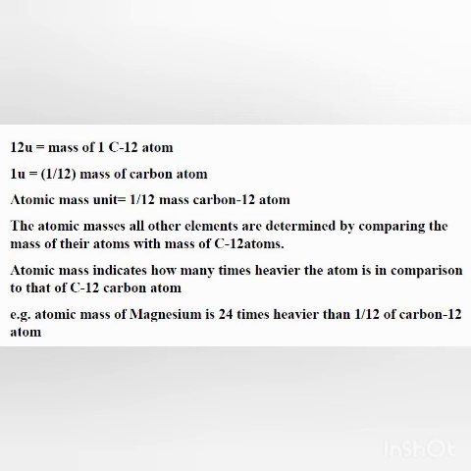Understood? Because I told you, if you cut that carbon atom into 12 equal parts, the mass of that one single piece will be 1 by 12. So magnesium is 24 times heavier than that piece out of 12 pieces, or you can say it is 24 times heavier than 1/12th of a C12 atom.